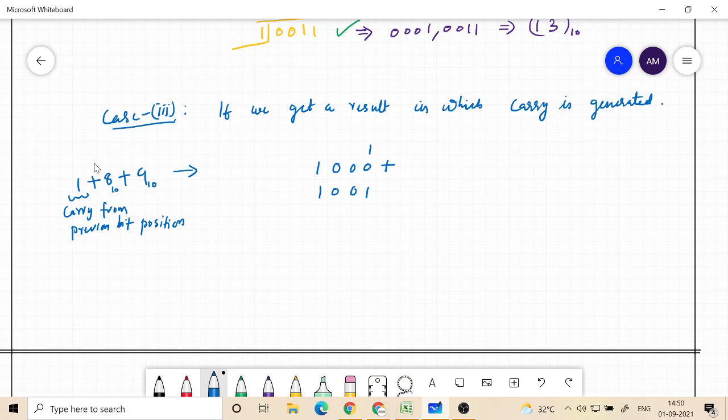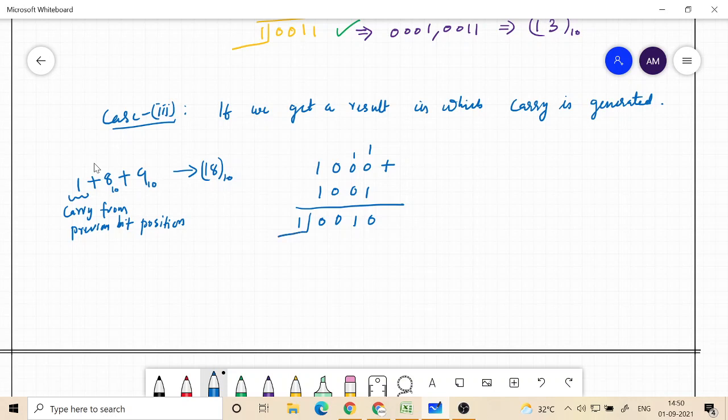So now what I should get is 18, right? Basically 8 plus 1 is 9, 9 plus 9 is 18. That is the correct answer. Now will I get this 18? Let us check. 1 plus 1 is 0, carry 1, 0 plus 0 is 0, 1 plus 1 is 0, carry 1. Okay, so I got this.